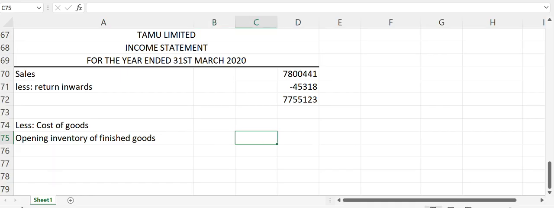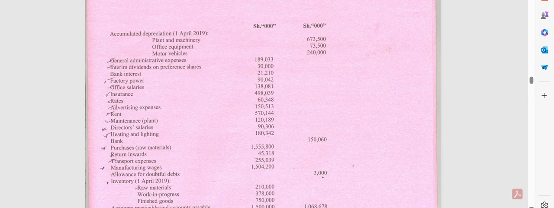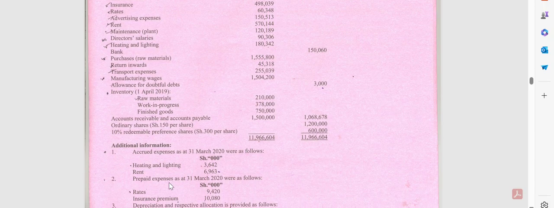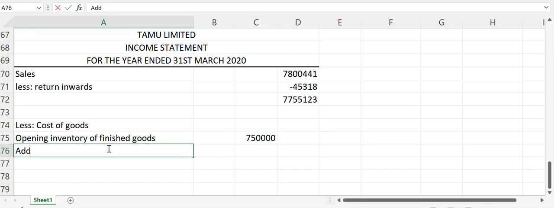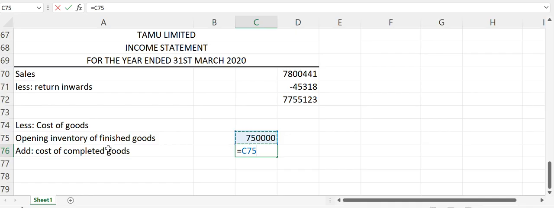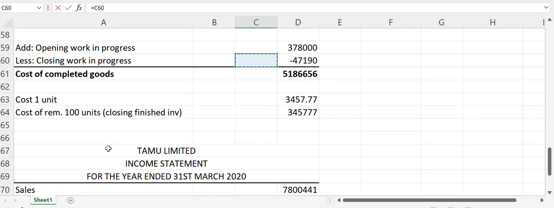So it is there in the trial balance. Here you can see it is here 750,000. So you record it there, 750,000. Then you add cost of completed goods. You don't use purchases here. Now you use the cost of completed goods from the manufacturing account. And here it is.